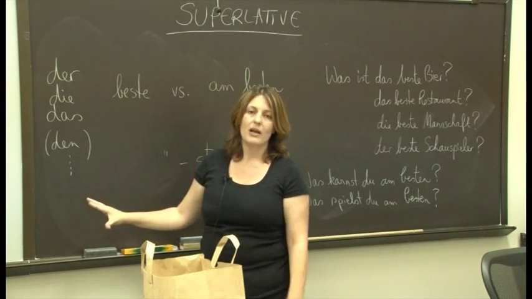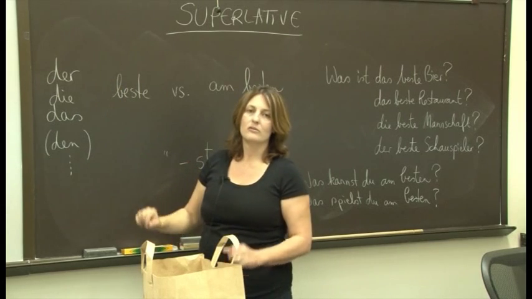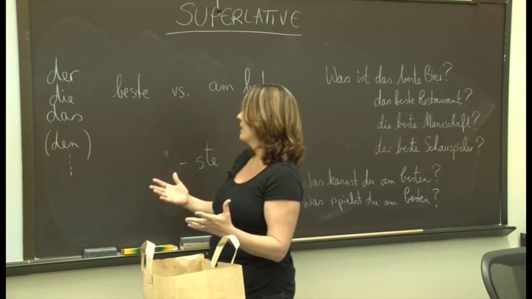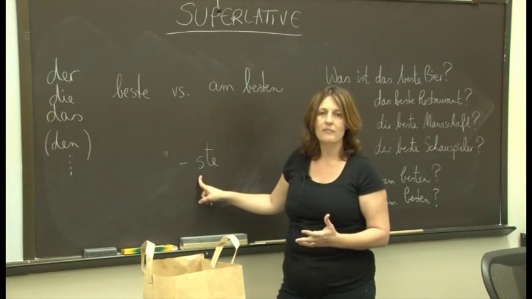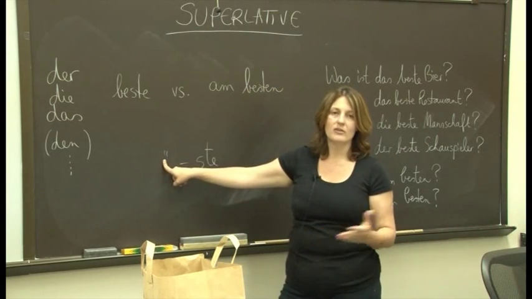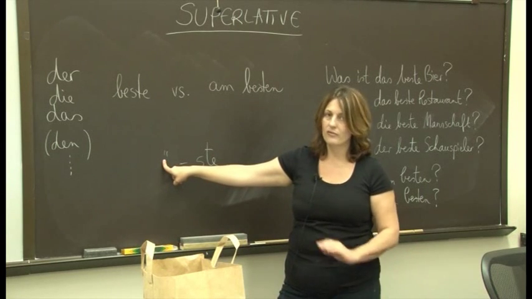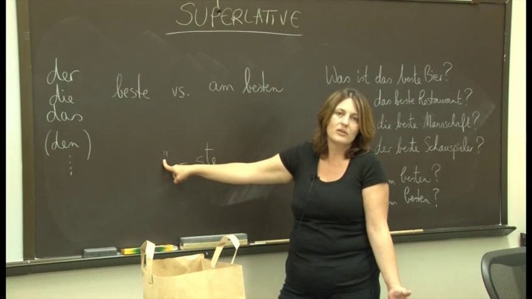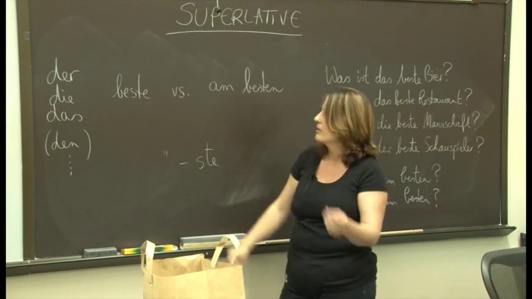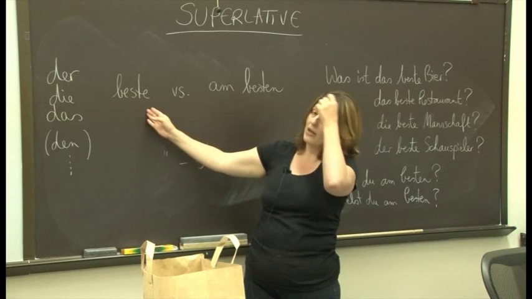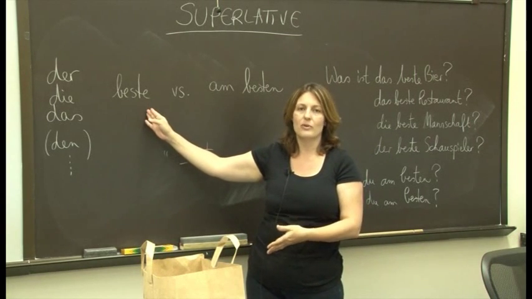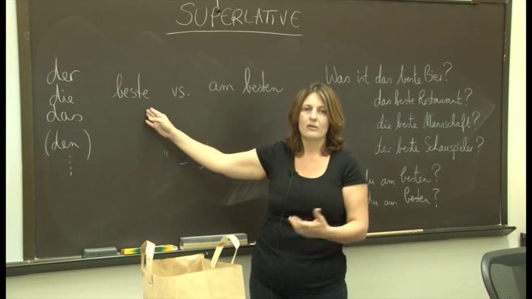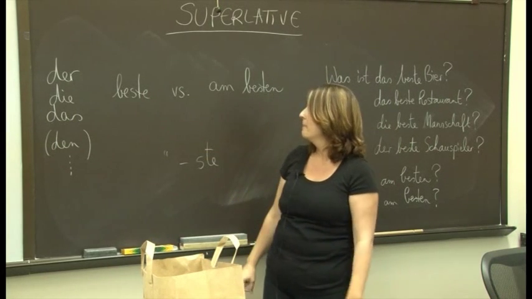So just be aware of that, but for now we want to focus on just the nominative, der, die, das, yeah? Good? So again, we add the STE ending, sometimes an umlaut, just like we did for the comparative, for the same reason, only for shorter adjectives, and of course if they have a vowel that takes an umlaut. And we have some irregular ones, the same ones that were irregular in the comparative, no? The same ones. Gut, besser, am besten, yeah?